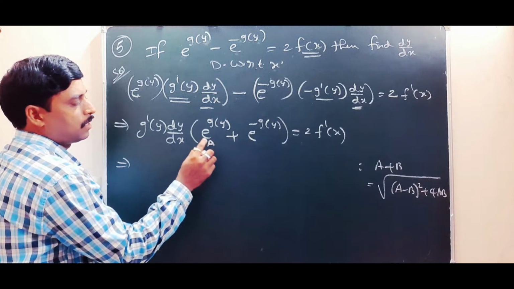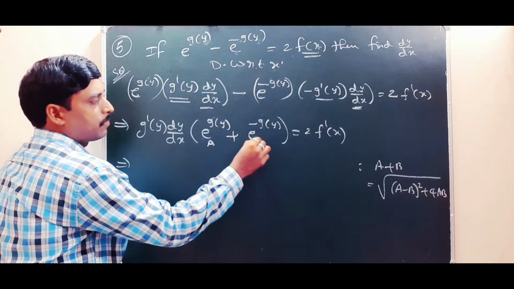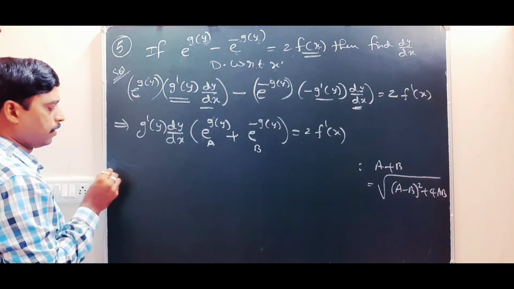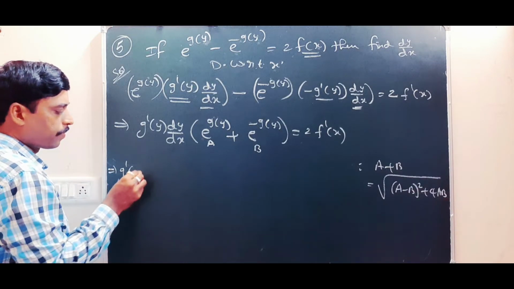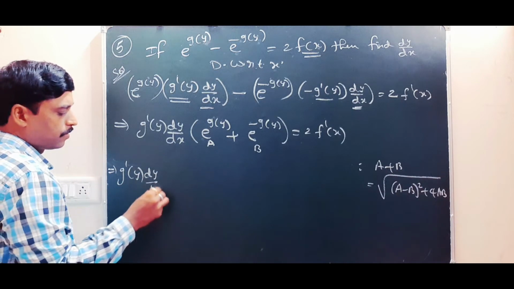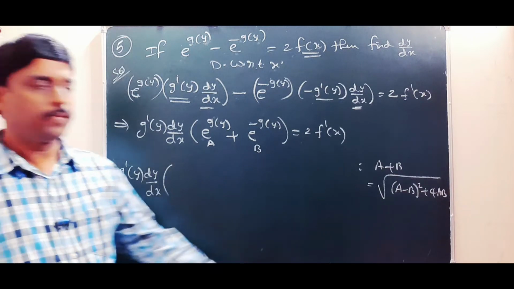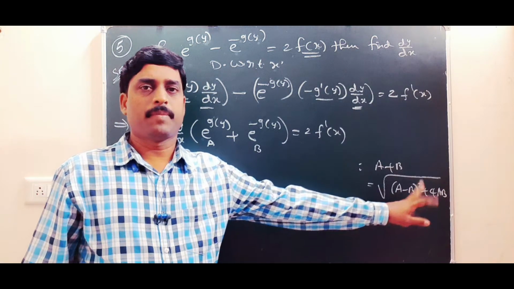Let us take a equal to e to the power g of y, b value e to the power minus g of y. So g dash y into dy by dx into, what is the formula? Root under (a minus b) whole square plus 4ab.